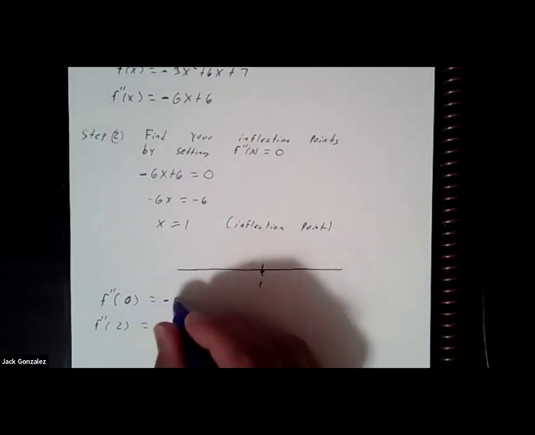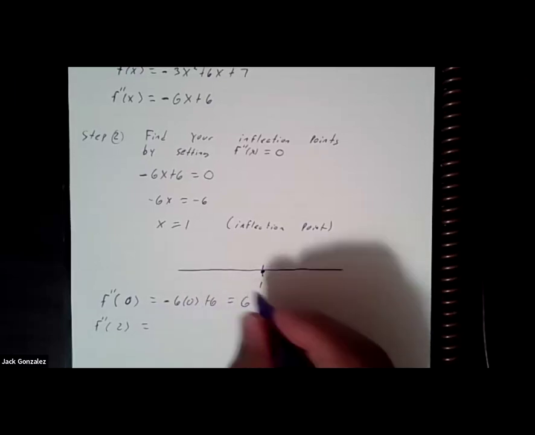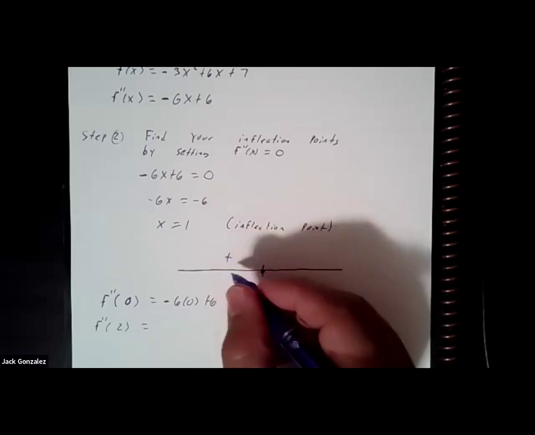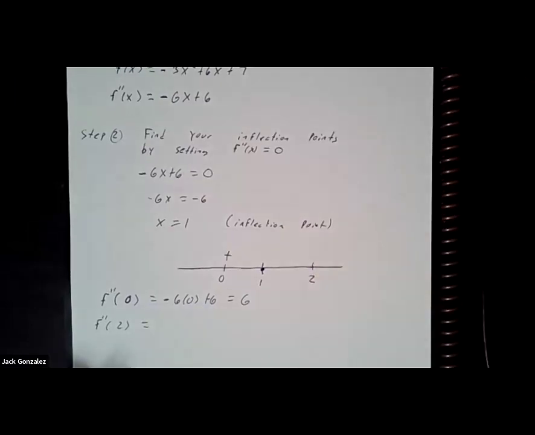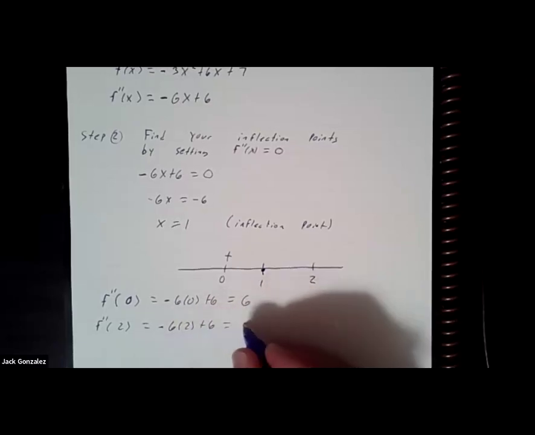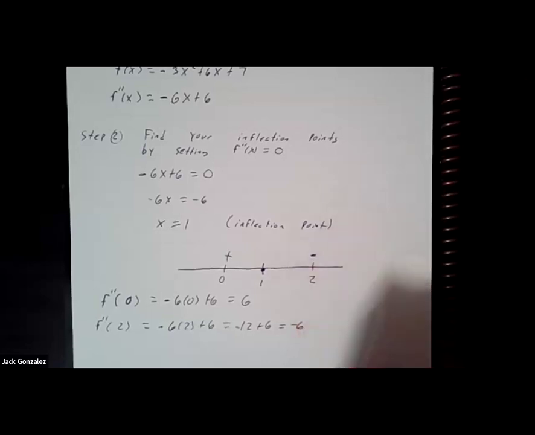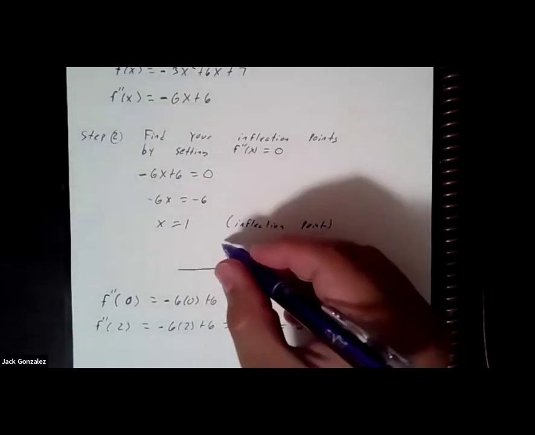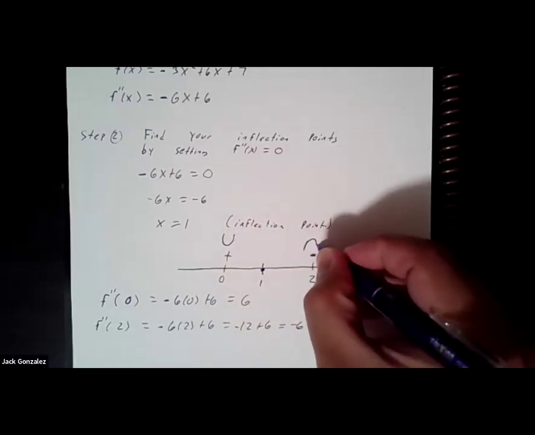Negative 6 times 0. You agree that this is positive, right? Plug in 2. Negative. So we were concave up here, concave down there, which we saw on the graph.